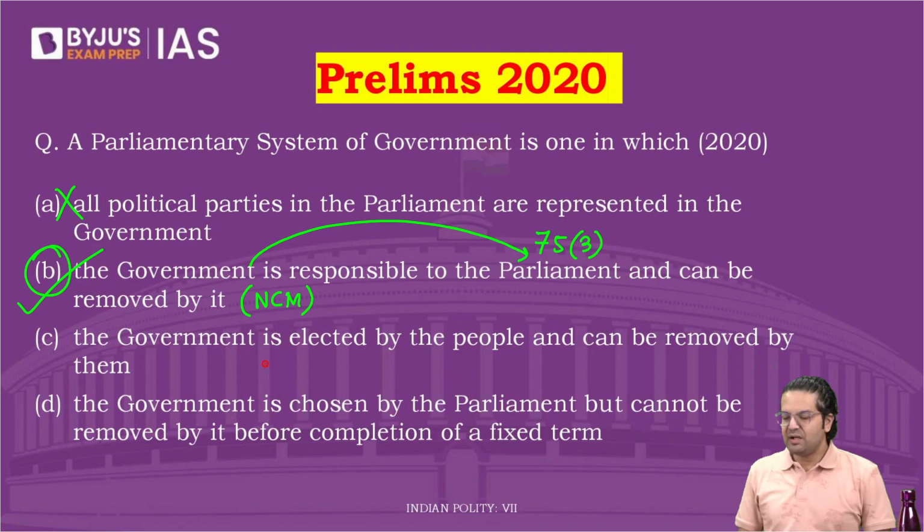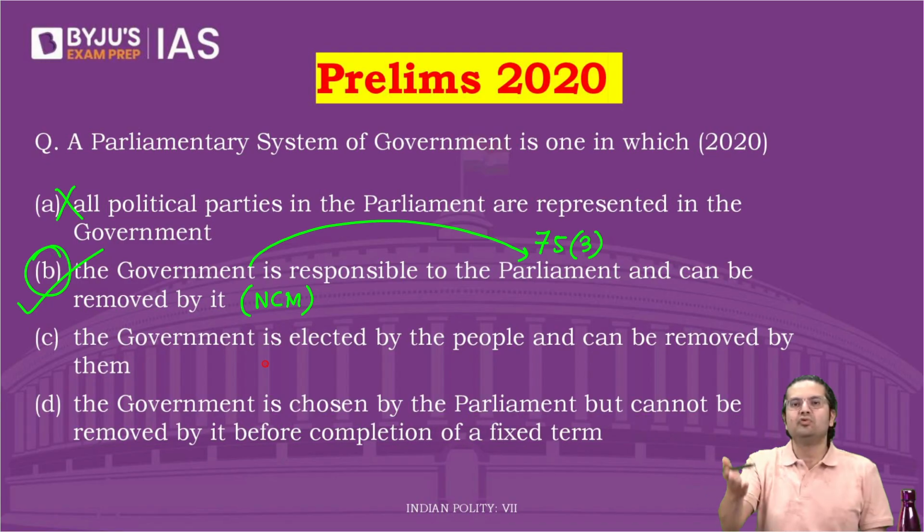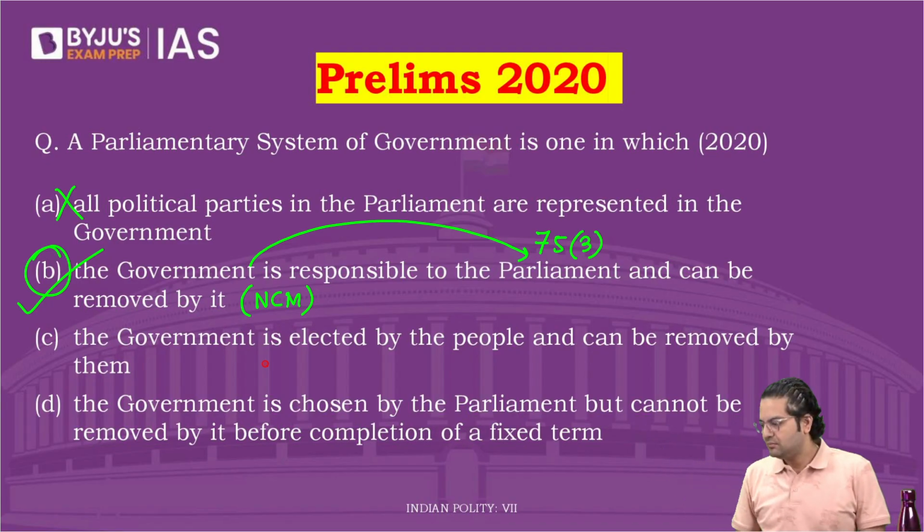Is the government elected by the people? It is not elected by the people. We only elect local MP. Those MPs are elected representatives, go and from amongst themselves choose who will form the government. Are we clear? That's also wrong.